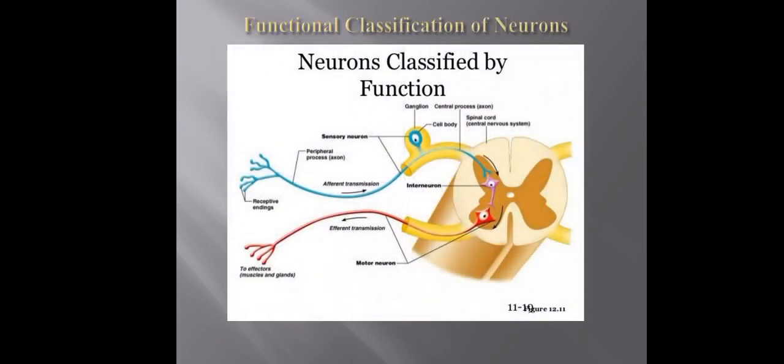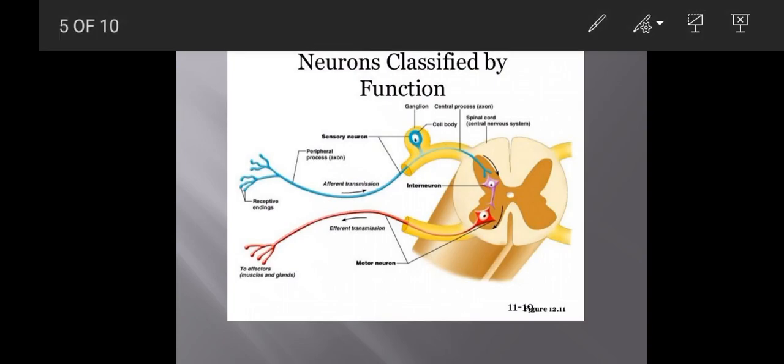Now this is a diagram to show the functional classification of neuron. Let's say this is the surface, the skin surface here, the environment, and then a signal is received here. So a stimulus is received here, and the generation of action potential, the information travels down the neuron.